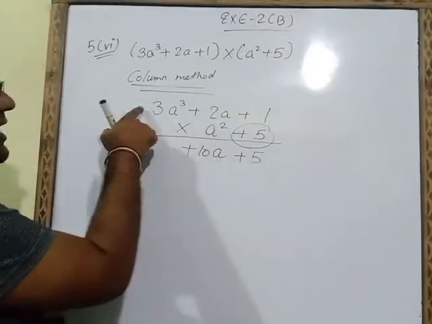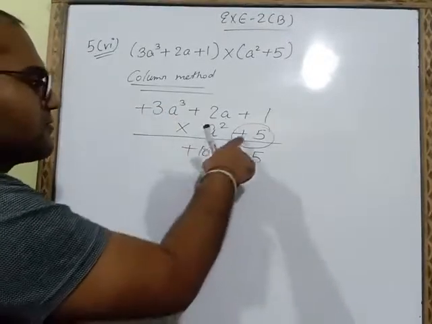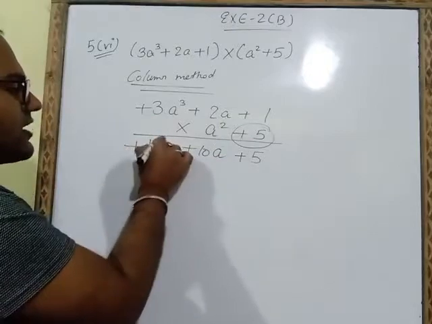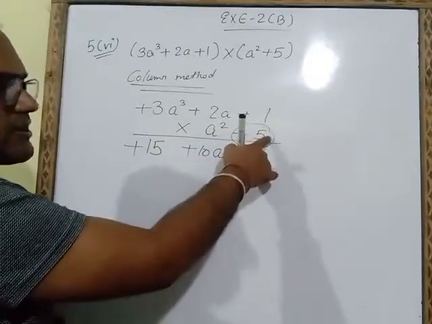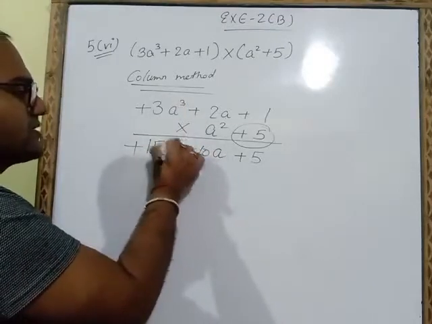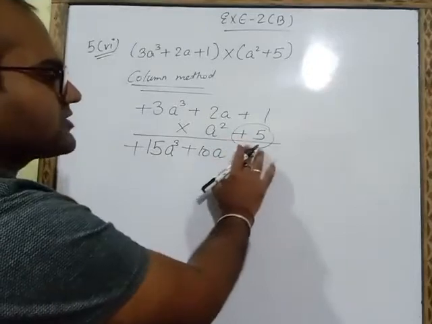Plus multiply 3a cube, no sign is here, that means we have to take plus. Plus multiply plus, 5 into 3 we will do, then we will get 15. Alphabet is not there, but here alphabet is coming, so we have to write this alphabet as it is. So this is plus 15a cube. Now this plus 5 work is over.